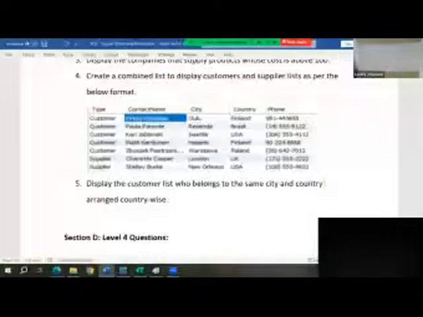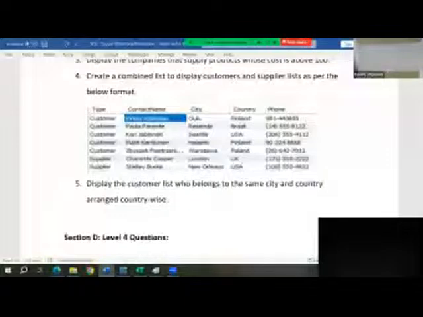Customer along with supplier. What is this contact name? This customer is speaking to this supplier. Is that what they're saying? Yes, so this supplier is supplying to that customer.